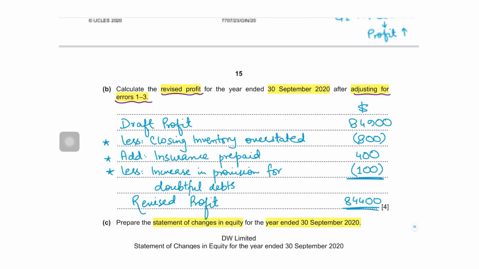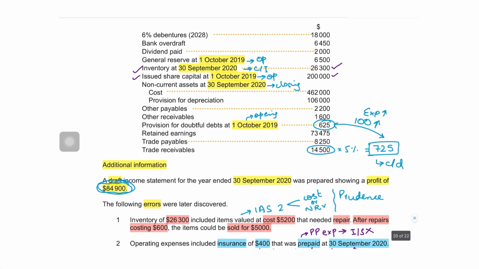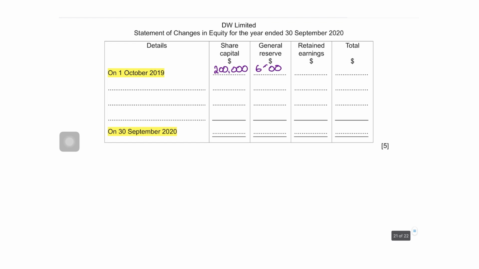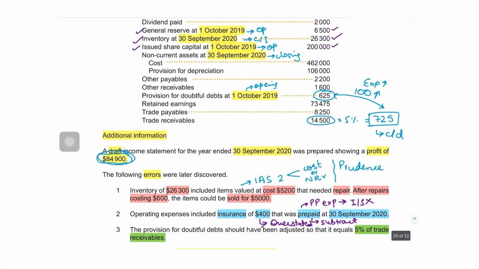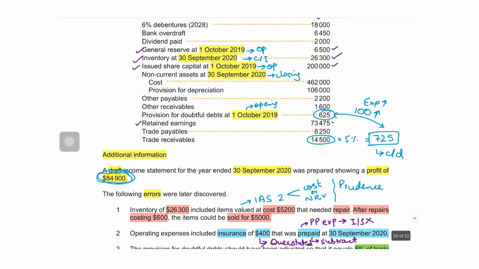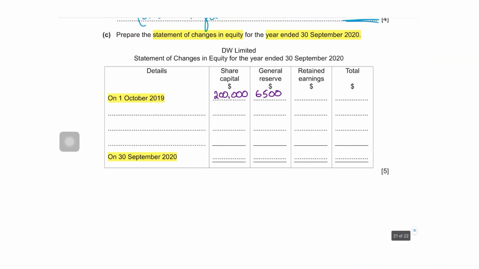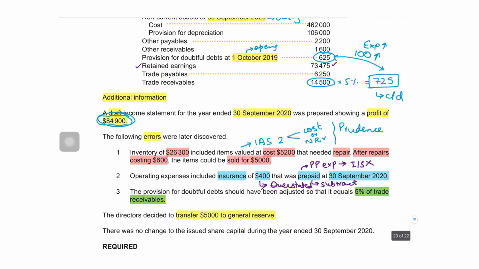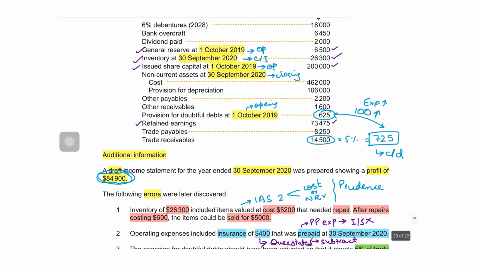For general reserves, we have 6,500, and lastly retained earnings amounting to 73475. The total of this would be 279975.